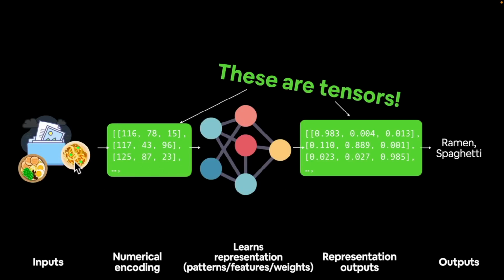We might have 10,000 images, we might have 1 million images, or in some cases, if you're Google or Facebook, you might be working with 300 million or 1 billion images at a time. The principle still stands that you encode your data in some form of numerical representation, which is a tensor, pass that tensor, or lots of tensors, to a neural network. The neural network performs mathematical operations on those tensors, outputs a tensor, and we convert that tensor into something that we can understand as humans.